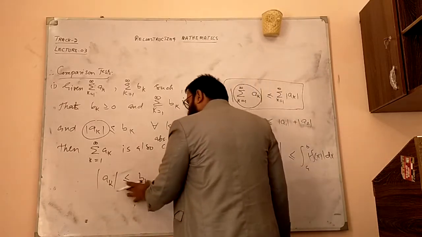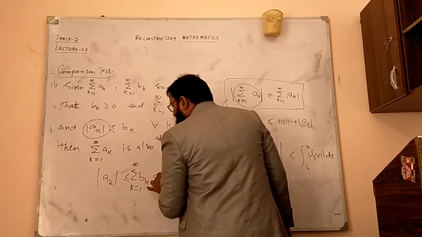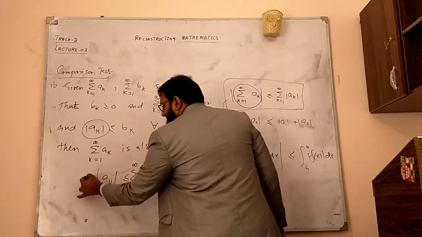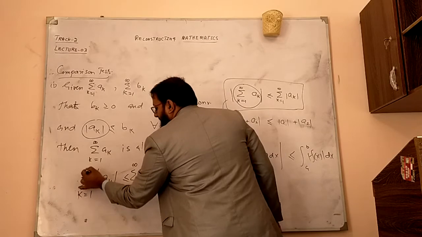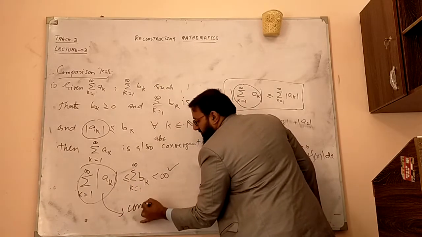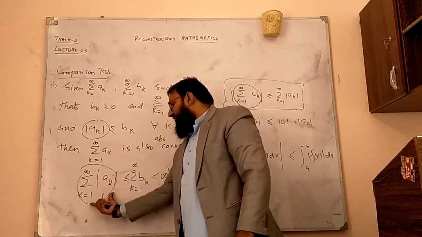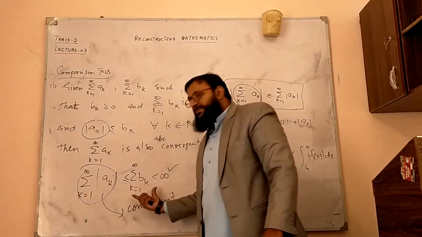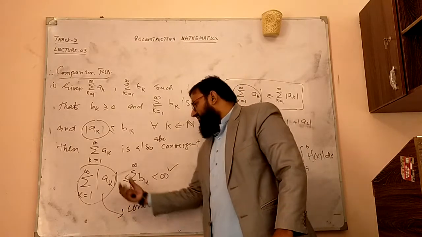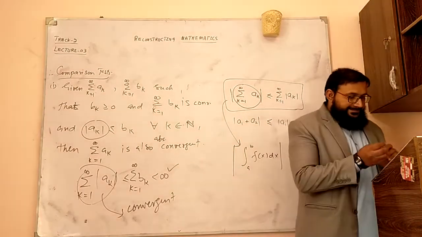Now you sum this and you sum this. If this sum is finite and fixed, then this will also be a fixed sum, hence we call this convergent. This is the smaller series and this is the bigger series. If the bigger one converges, the smaller one will also converge.